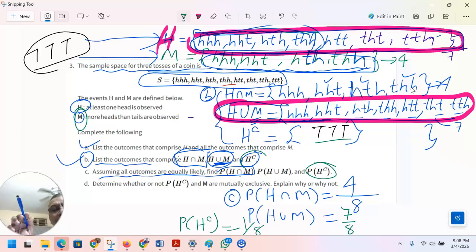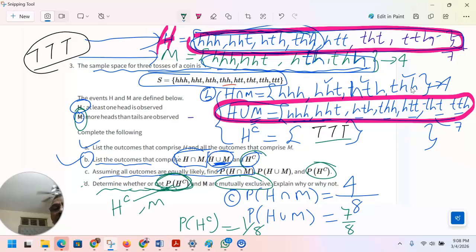And the fourth question is to determine whether this, I think here he's saying not P, it should be H complement. So the question is H complement and M, are they mutually exclusive? Now, how do we know something is exclusive? Exclusive means do they have anything in common? Let me use a different color for this.